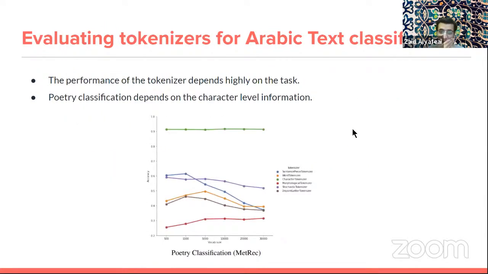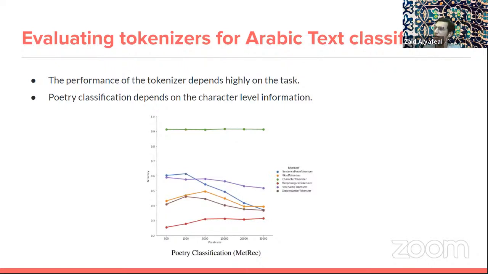We also benchmark the different tokenizers in our pipeline on a poetry classification dataset, which is a 14-way classification task. Poetry in Arabic is interesting because the type of poetry, or class, we call them in Arabic buhur, which means meters.